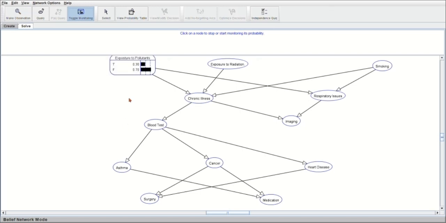So it is a 30% probability that chronic illness has occurred due to exposure to pollutants. Now, what is the probability that chronic illness has occurred due to exposure to radiation? So it is 20%. And for smoking, it is 50-50 for both.